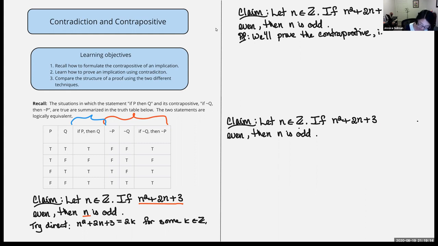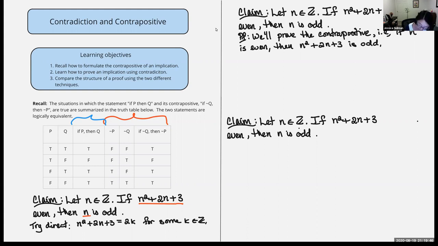So I'm going to say, i.e., if, and so I've got to do the negation of the conclusion. So if n is even, then n squared plus 2n plus 3 is odd. So I've negated the conclusion and then negated the original assumption.